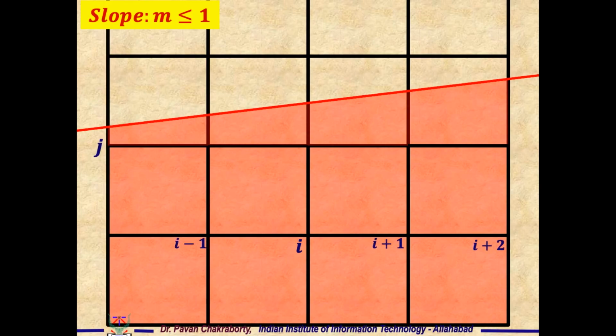I have further enlarged it and I have marked the pixels. Each square that you see represents 1 pixel.